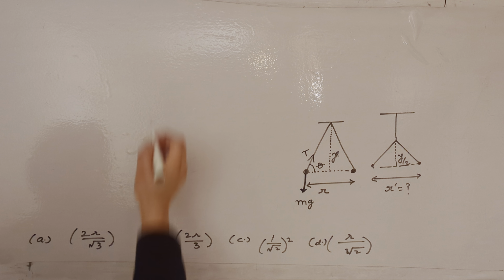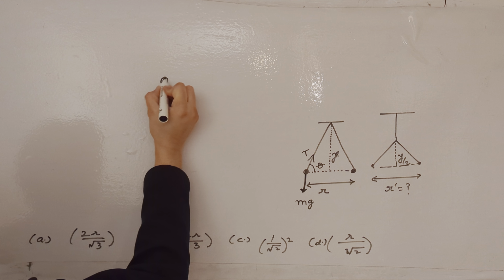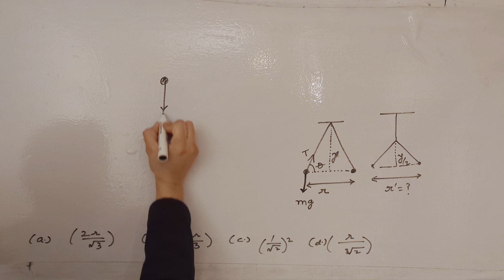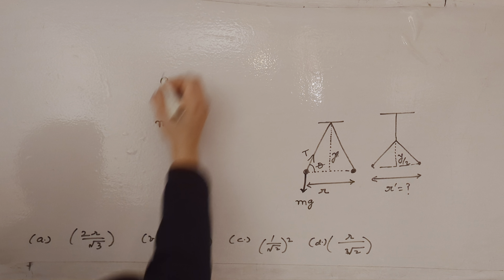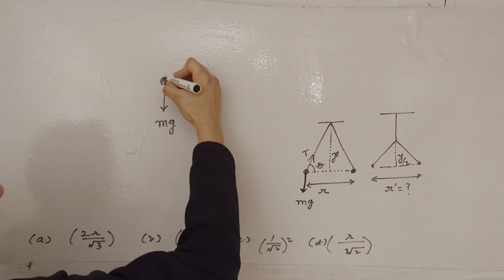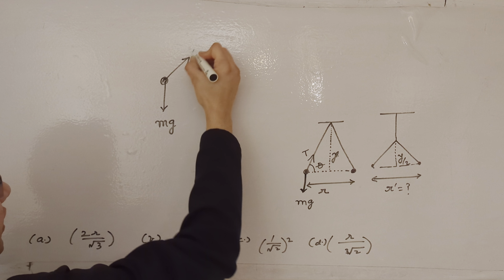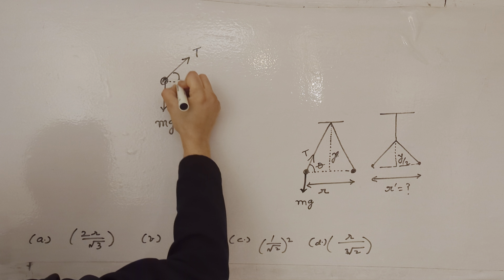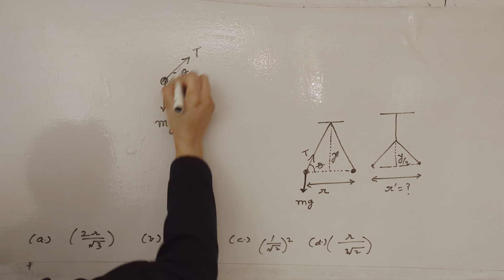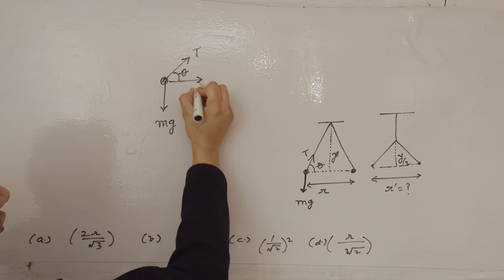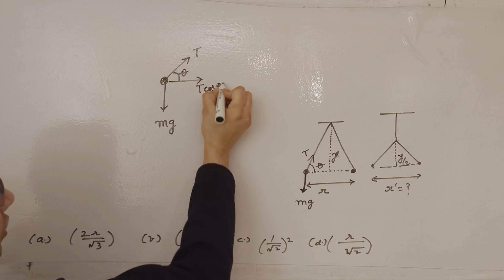So this is a particular ball, with a downward force mg, the gravitational force. This is the tension T. This angle is theta, so the component of T along this direction will become T cos theta.